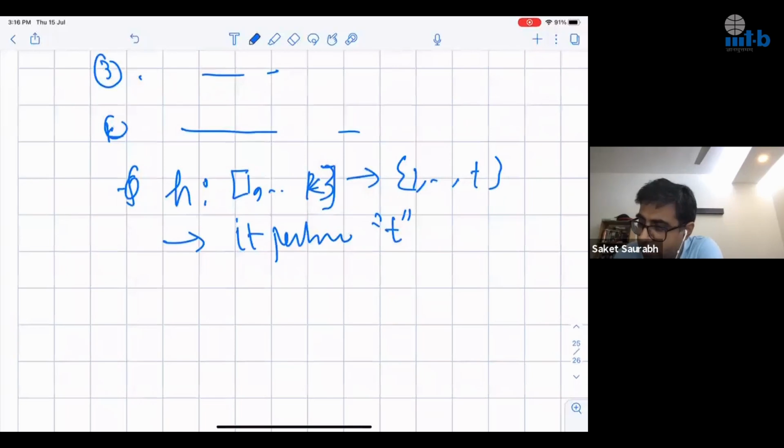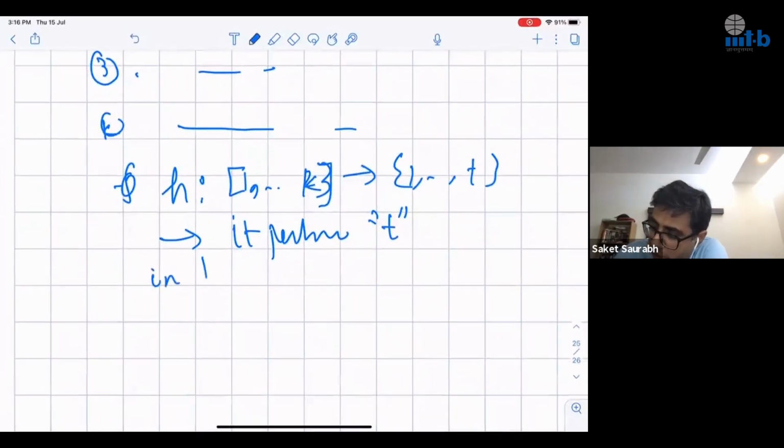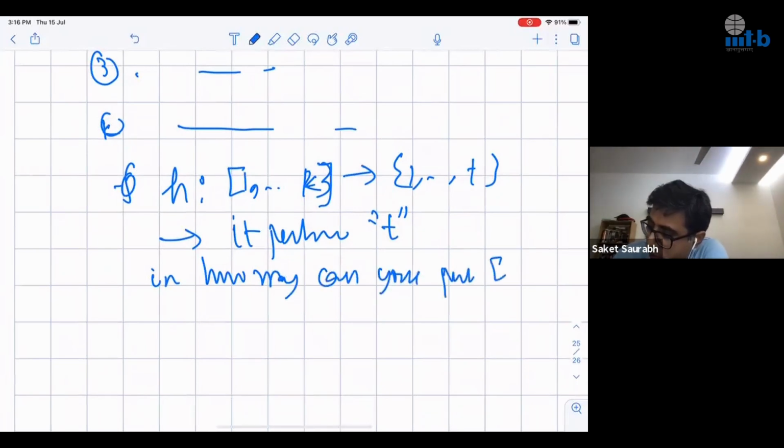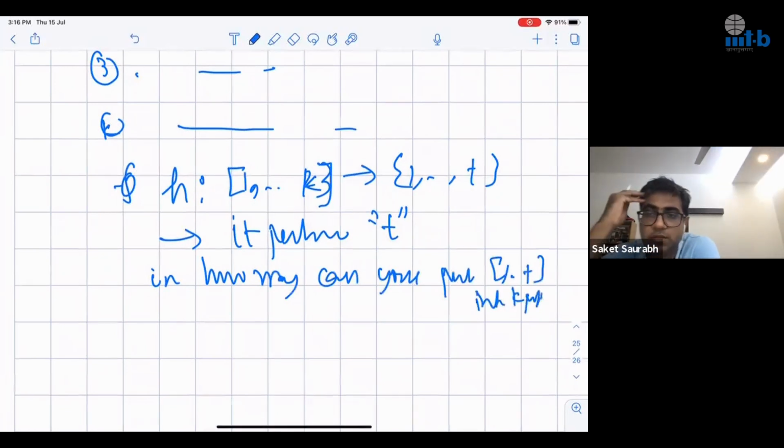Right? It's very simple, right? In how many ways can you partition 1 to t into k parts? I mean, I want no repetition, but even if I like, yeah. For first vertex, you guess a subset of 1 to t, right?